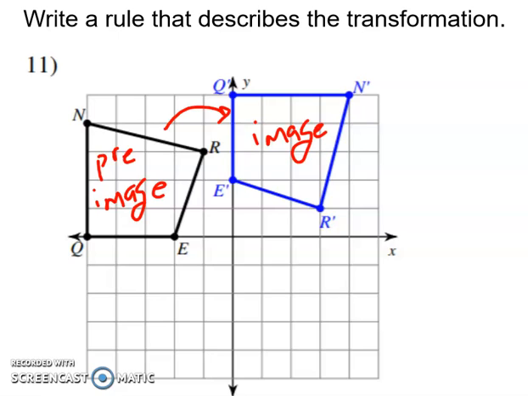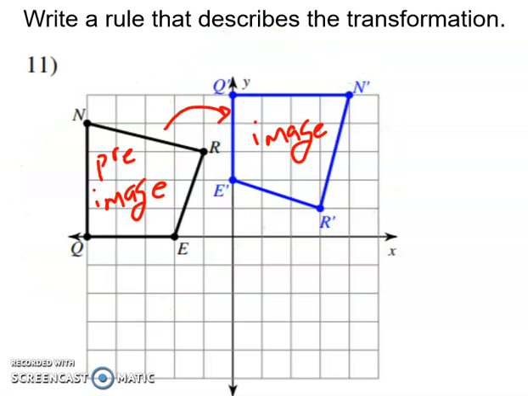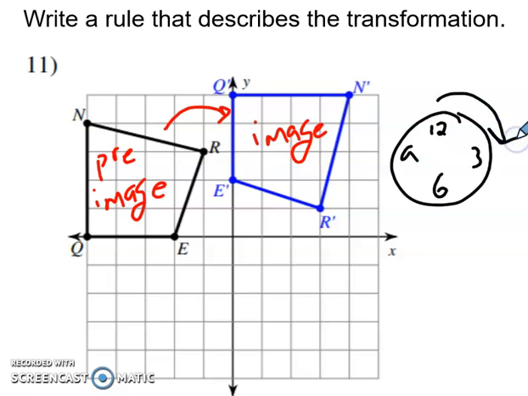So since we're going from our black shape into our blue shape, how did we do that? Did we go clockwise or counterclockwise? Remember a clock. Did I go clockwise to my right, or did I go counterclockwise to my left?